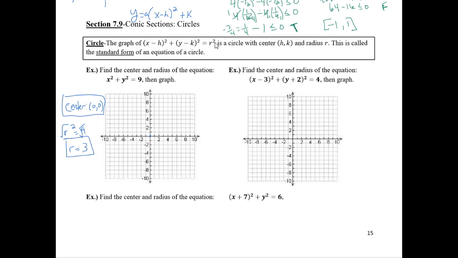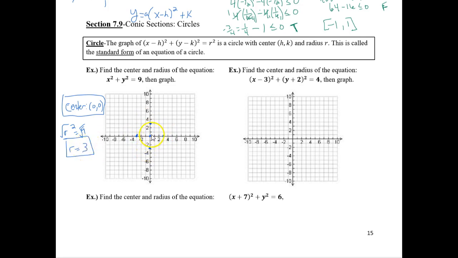So now that I have the center and I have the radius, I can graph it. So the center's here and the radius moves out 3. So 1, 2, 3 units right. I can also move 3 units up, 3 units left, and 3 units down. So from the center, I can go right, up, left, and down.